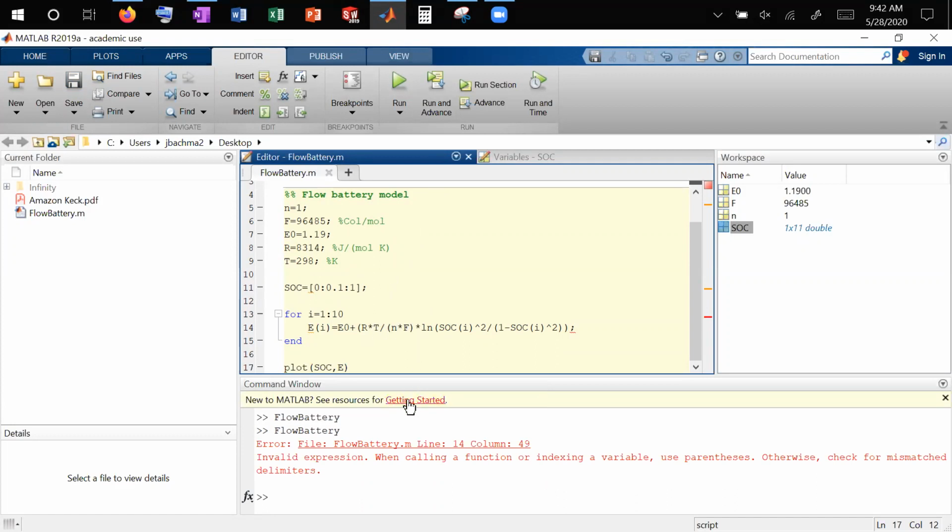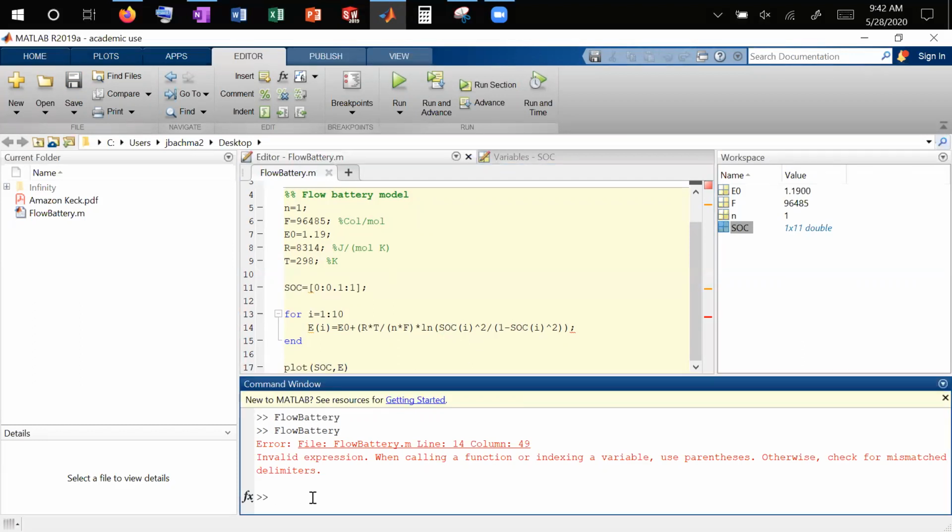This is on 14. Maybe I have a mismatched parenthesis. I don't know if ln is the natural log in MATLAB.